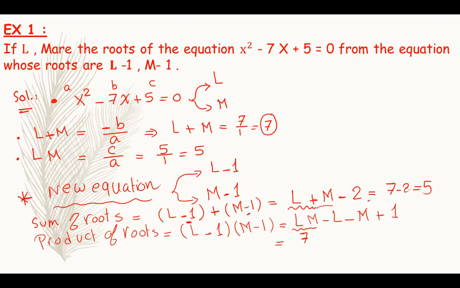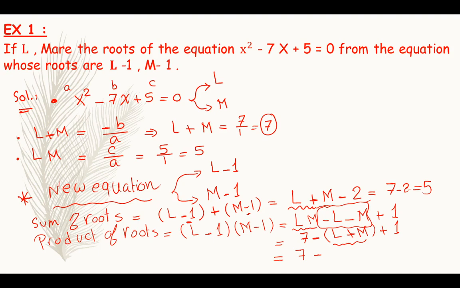From negative L minus M, we can take negative as a common factor, so the remainder will be L plus M. Plus 1. Now you can replace L plus M by the sum of the two roots.